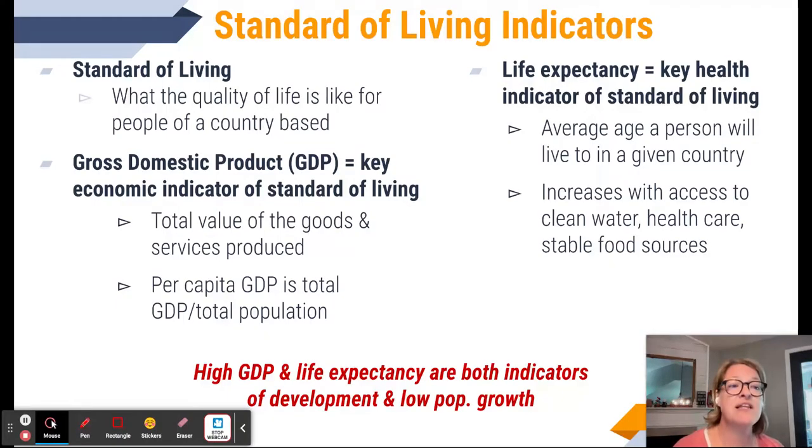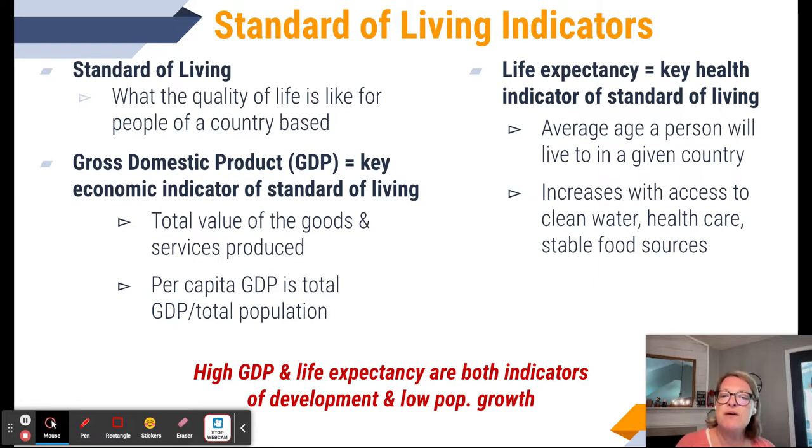And then we also look at life expectancy, which is a health indicator of our standard of living. So we've got economics and health that we look at, because population tells us one thing and population growth tells us something else. And so it's also important to look at the key economic and then the key health indicators to give us some idea as to how the population is prospering in an area.